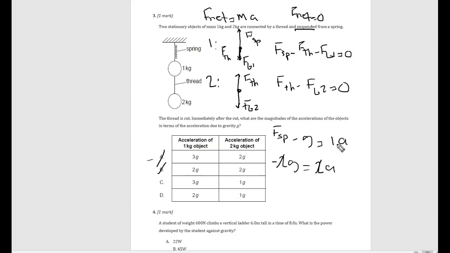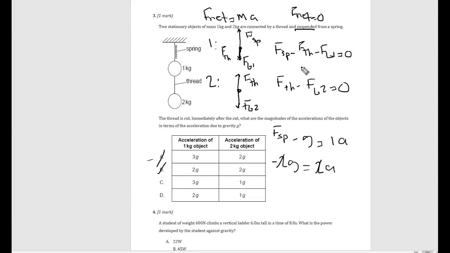And what about the other object? Well, let's see. I want to know, what is a? F spring minus g equals 1a. Okay, how do I find a? Well, the thing is, immediately after the thread is cut, the spring force hasn't had time to change yet. So what was the spring force before the thread was cut?